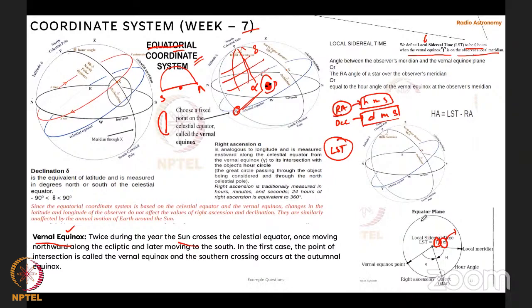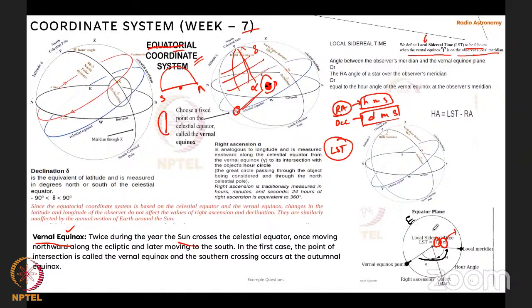Now say this is your Earth, and the observer is here, and due to the Earth's motion you reached here. So this is the amount of angle you covered, which is known as hour angle.